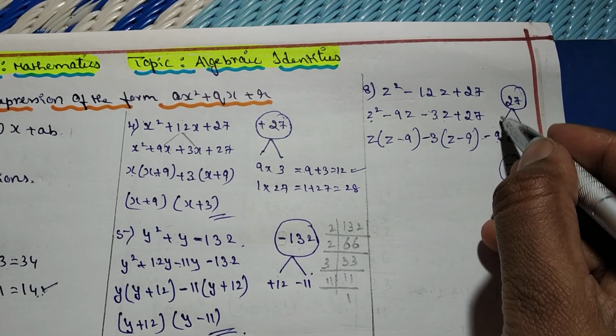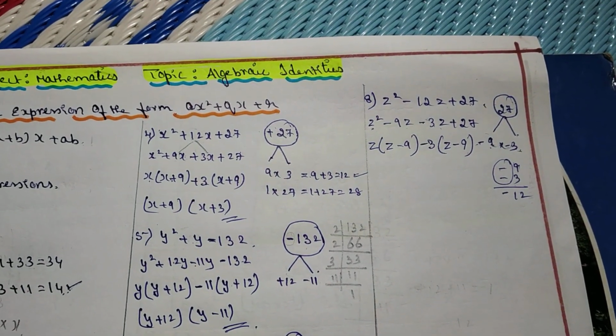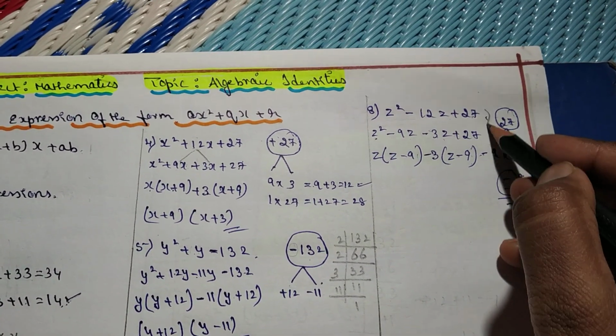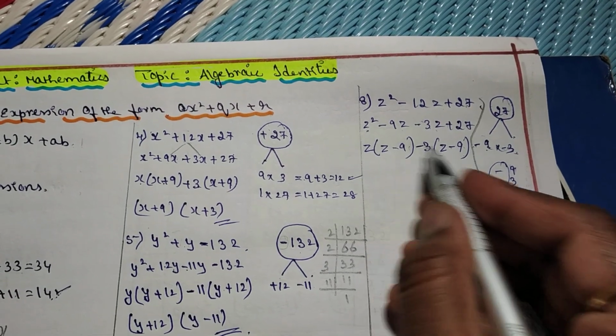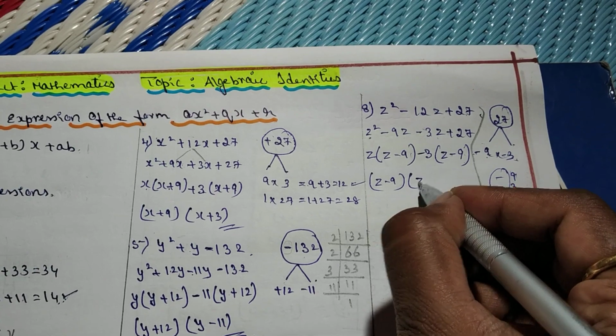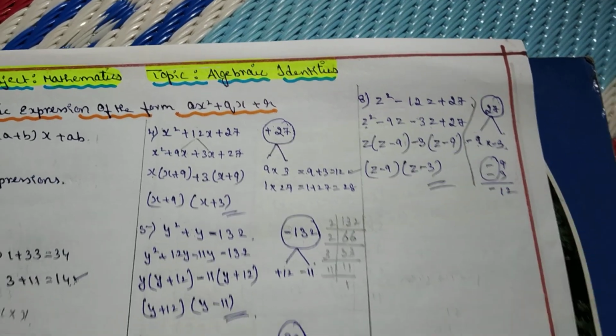You can check it also, children: minus into minus is plus, 3 9s are 27, right? Now what is common in between these two? Yes, z minus 9 is common and left out is z minus 3. So these are the factors.